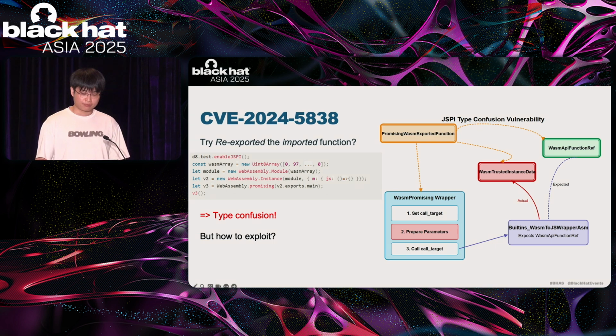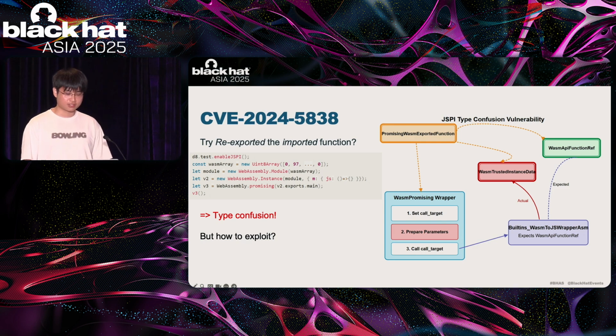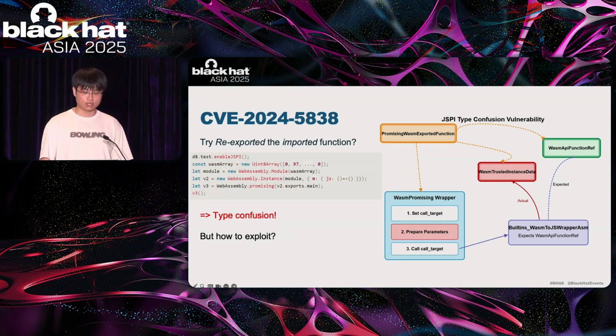However, the problem arises because Wasm promising does not recognize that the input WebAssembly function is actually just a wrapped JS function. As a result, when preparing call arguments, it pushes the WasmTrustedInstanceData object onto the stack, while the actual call target expects WasmApiFunctionRef, which represents the JS function.